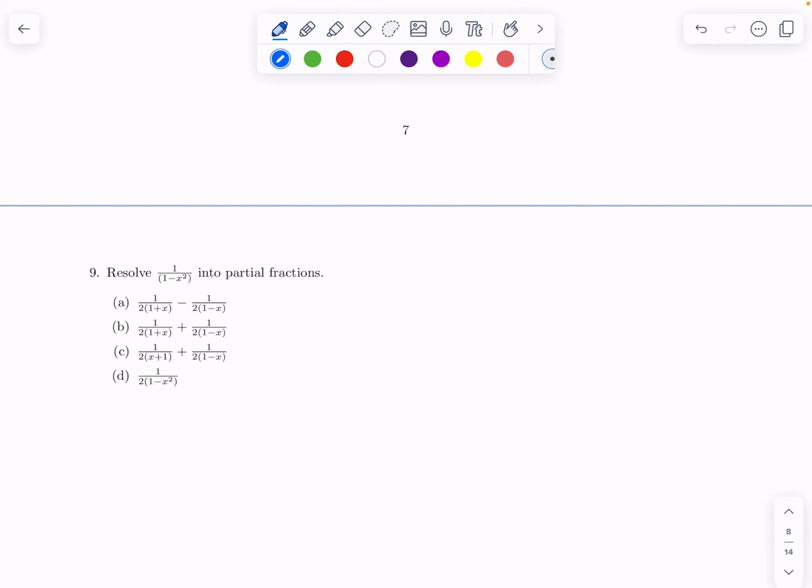Now we want to resolve this partial fraction, and I'm going to show you a very nice way to do this. Now, if you have something like this, 1 over 1 minus x squared is the same thing as 1 over 1 minus x times 1 plus x, using the difference of squares.